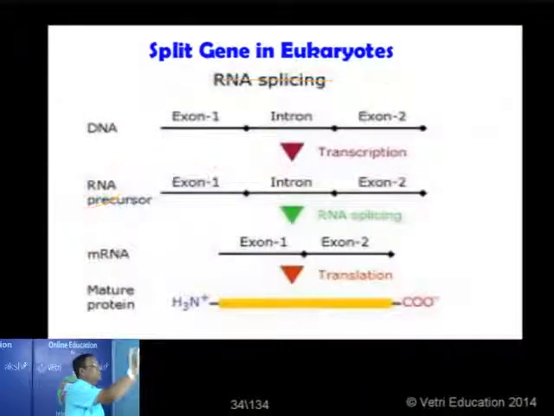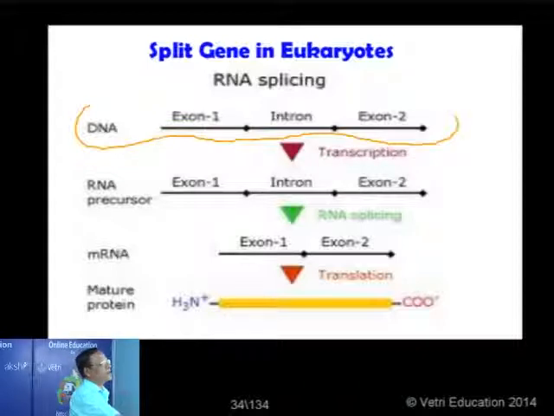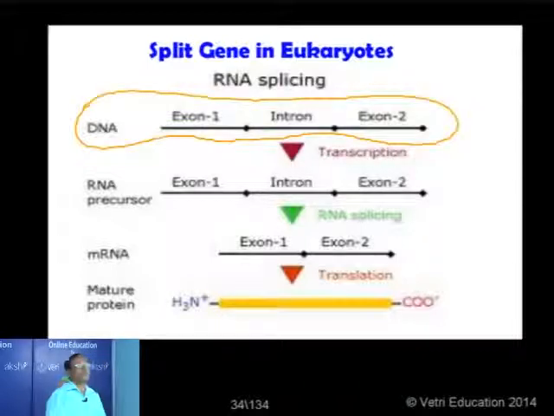Now here is an illustration. I am taking, for example, a split gene with 2 exons intervened by 1 intron. During transcription, both the introns and exons of the DNA are transcribed.